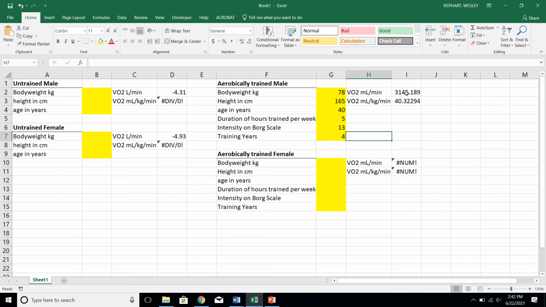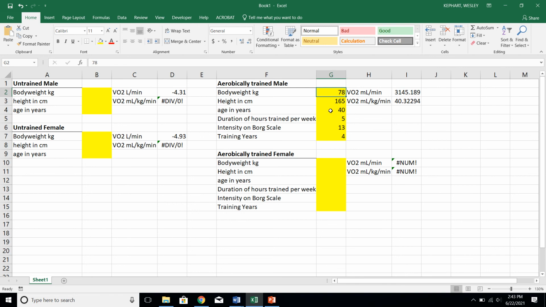So this right here would predict my milliliters of oxygen consumption. And if I wanted to get that into my relative value, I would be at a 40 or so, because I'm taking that number and dividing it by that.